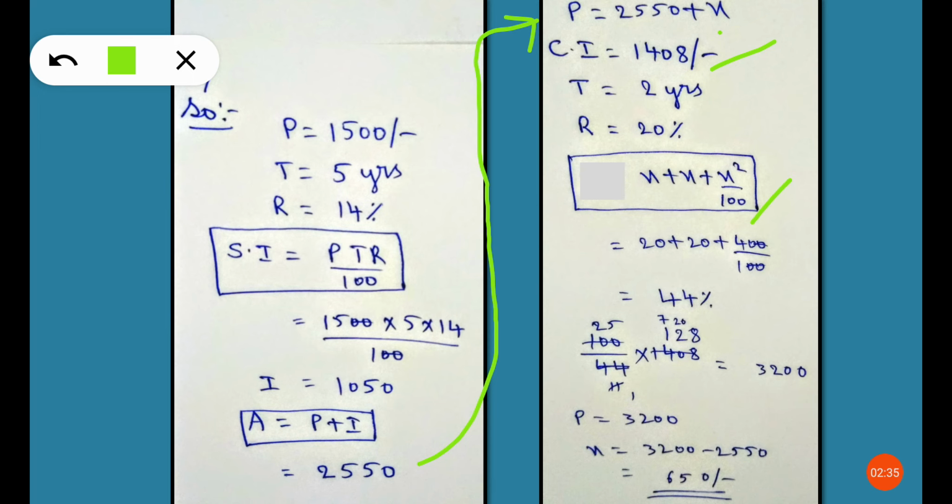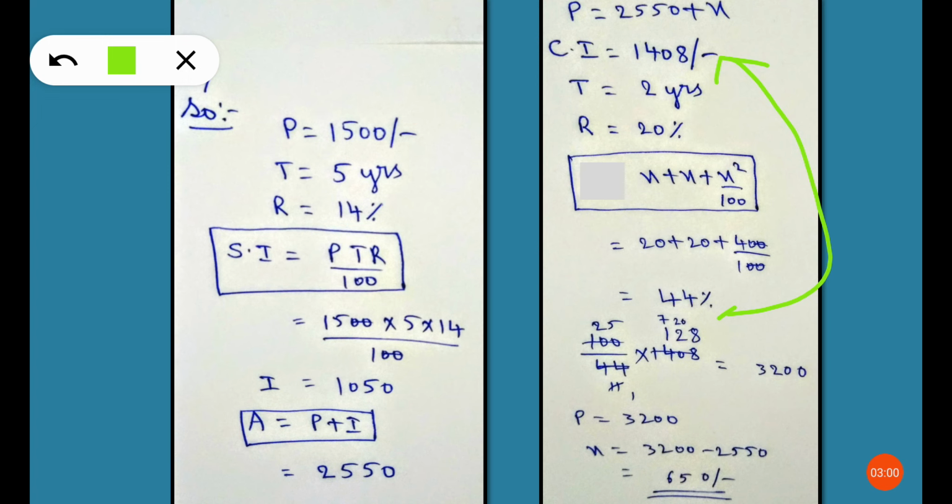This is the formula to identify the compound interest percentage, where X equals 20%, we have to substitute this rate in X place. 20 plus 20 plus 400 by 100. 20 square is 400. After all the cancellation, we get 44%. This 44% is equal to 1408. It is given in the question.